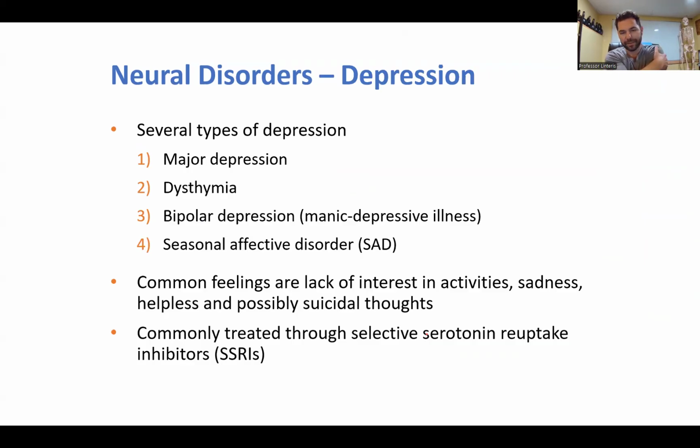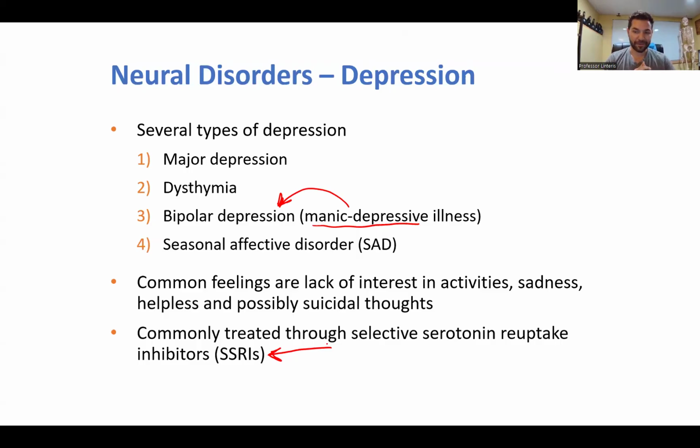I'll talk a little bit about this when I get to the brain itself. But there are several types of depression, major depression. You can see here you have manic depressive illness associated with bipolar depression, seasonal affective disorder, right? Common feelings of lack of interest, sadness, right? A whole bunch of other stuff. And they are treated by SSRIs.